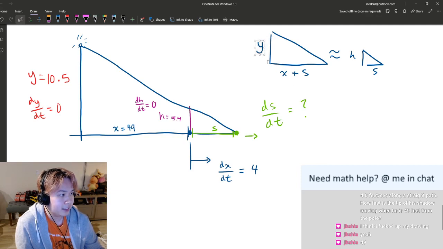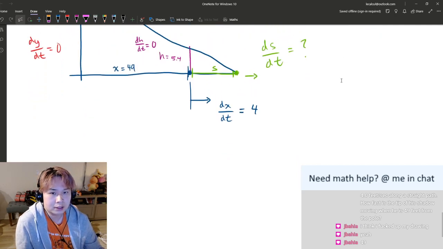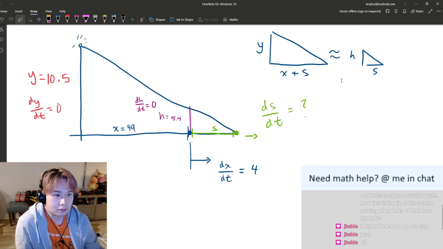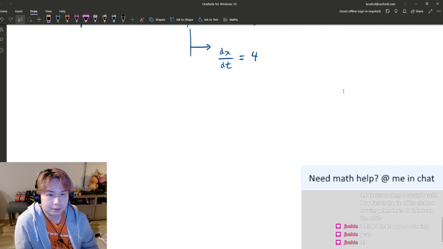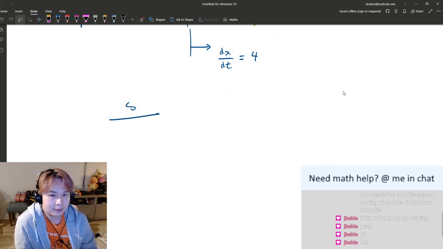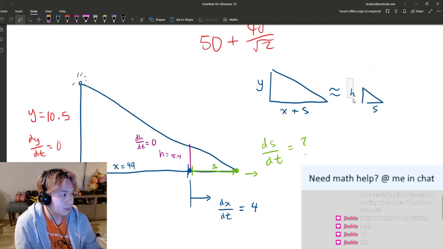So if I divide, you know, opposite over adjacent for both triangles, it should equal the same amount. Or if I take any ratio of any corresponding sides, it'll be equal. But let's just do that one for now. Ultimately we want s, so why don't we take the small bottom side and divide by the large bottom side. So I have s over x plus s. This is equal to the small vertical side divided by the large vertical side.